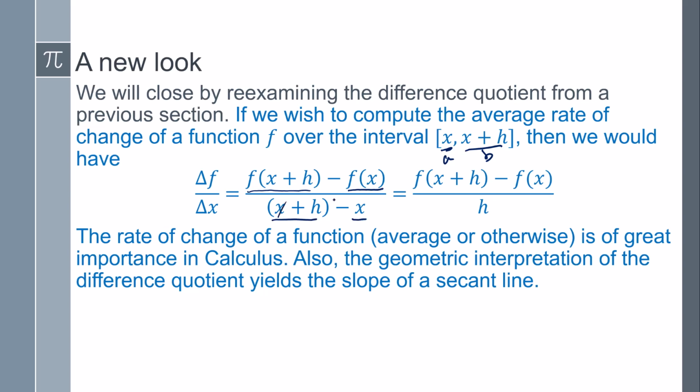Well, the x's ended up canceling out, and so we're left with our difference quotient. There's a bit of nuance with this, and that nuance is discussed in calculus. So just know, going forward, that the way this equation was created was through the average rate of change, and the interval was x and x plus h.